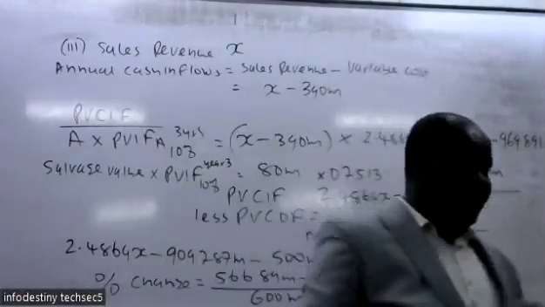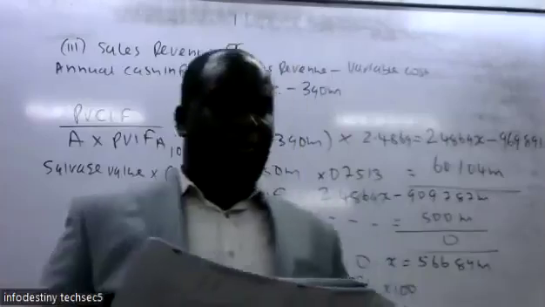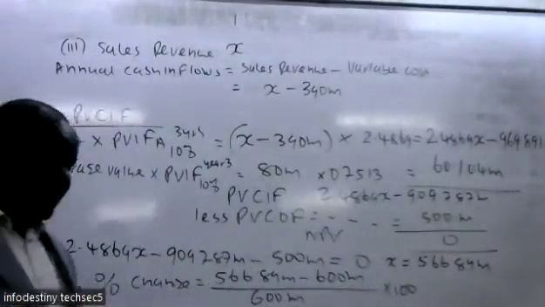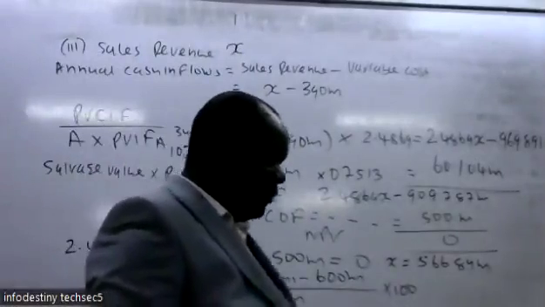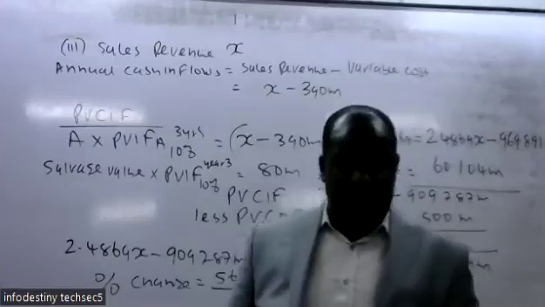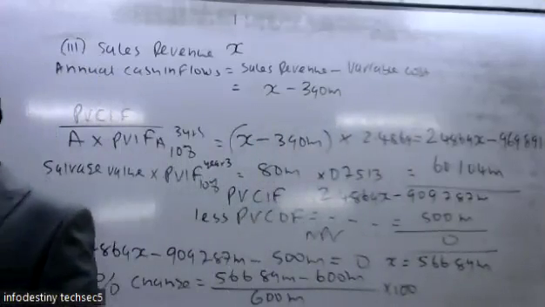They gave you year 0, 1, and 2. They have given you the cost of the plant, then the running cost, and also the savings. R Limited's cost of capital is given as 9%.